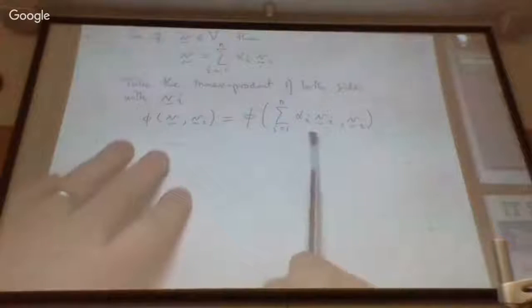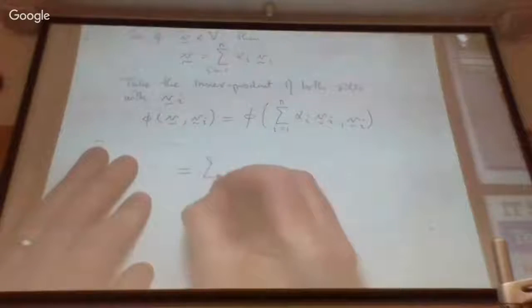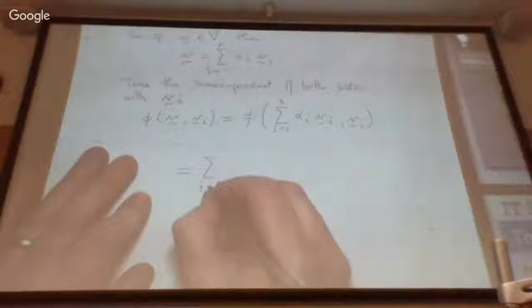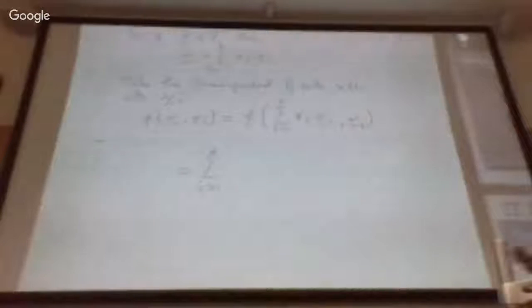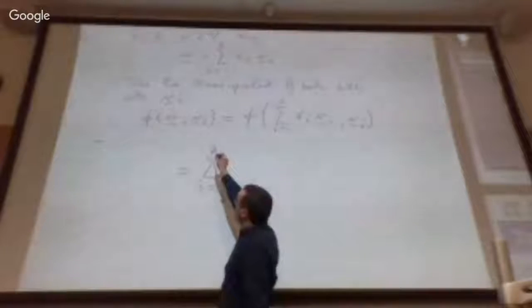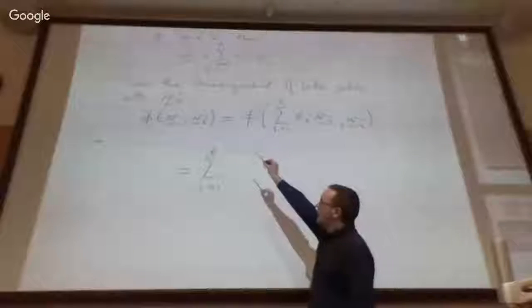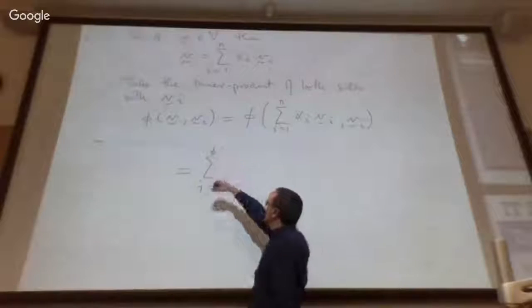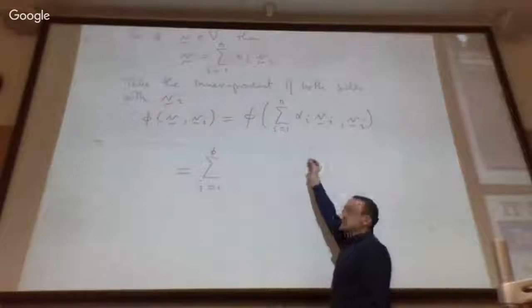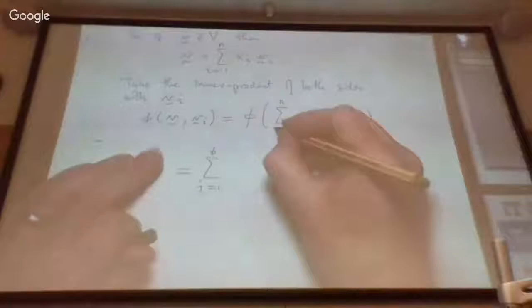Oops, I've made a mistake here. I've used vi for the ith basis vector, so I shouldn't reuse i. I is some particular value, so I shouldn't be using i again for the summation index. So I'm going to change my summation index to j.